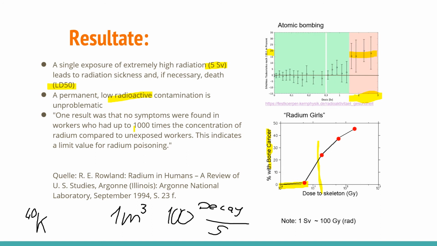How do you get this calcium? How does this enter your body? Usually by eating bananas. Bananas are radioactive, not strongly radioactive, but all that is in this range, and that is not dangerous. Only if you go beyond some limits, then it gets dangerous.